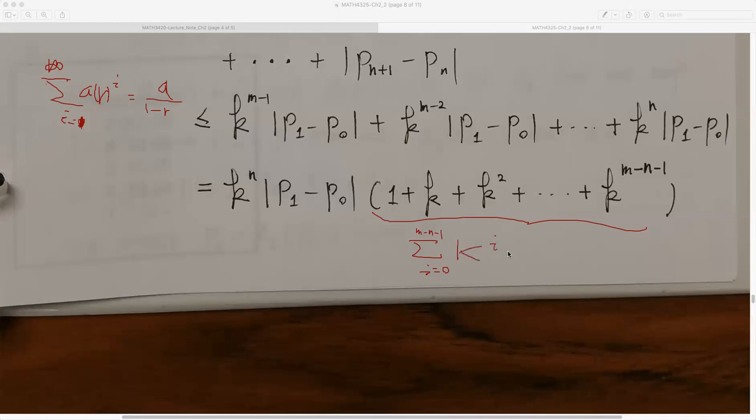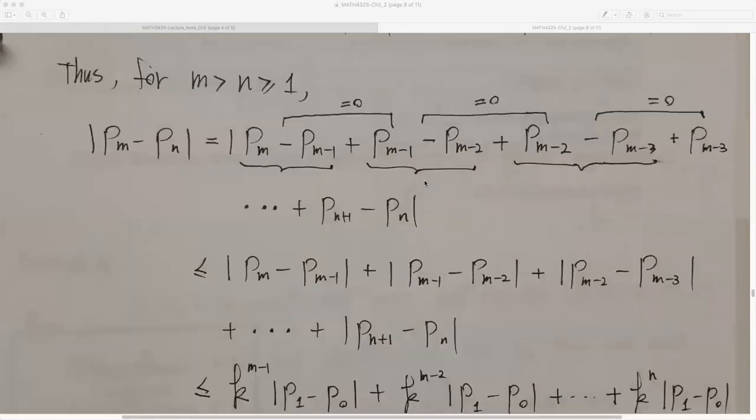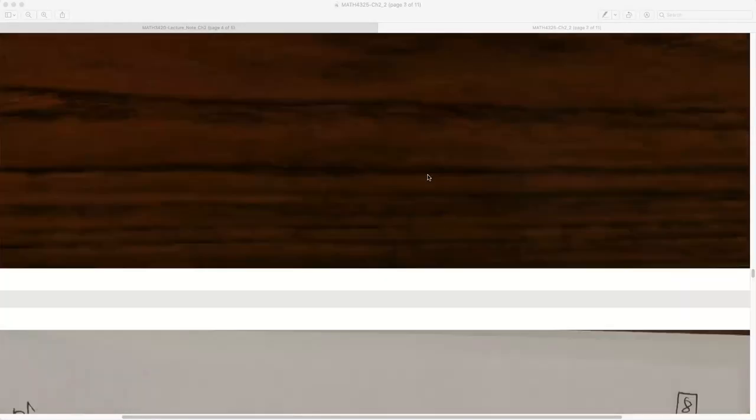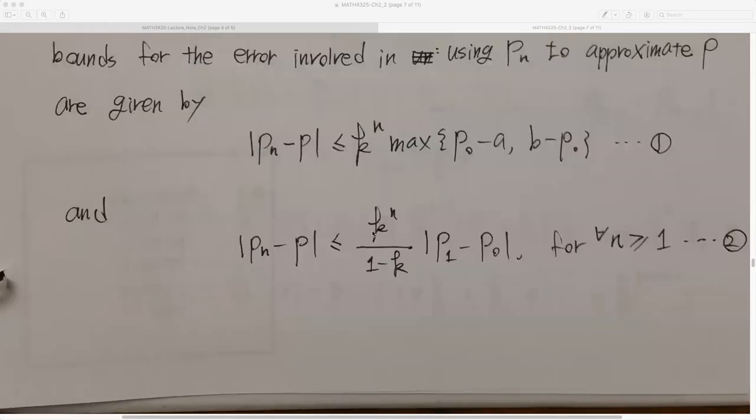Since k is between 0 and 1, that is equal to 1 over 1 minus k. I mean, approximately, because this is not infinity, right? So that's why we got this one.